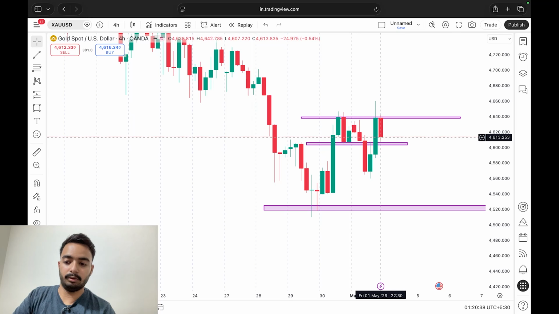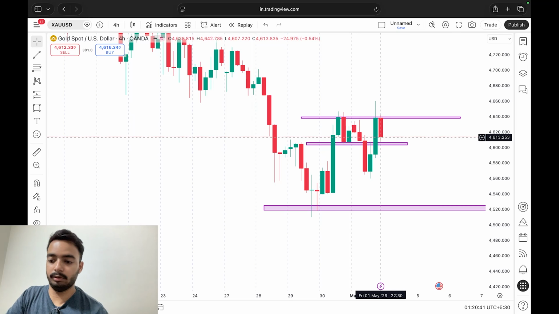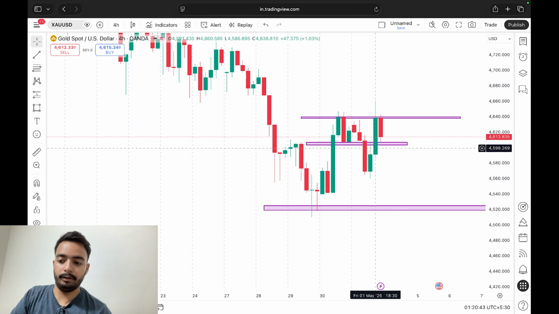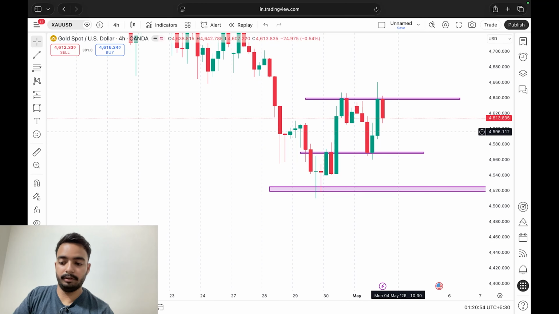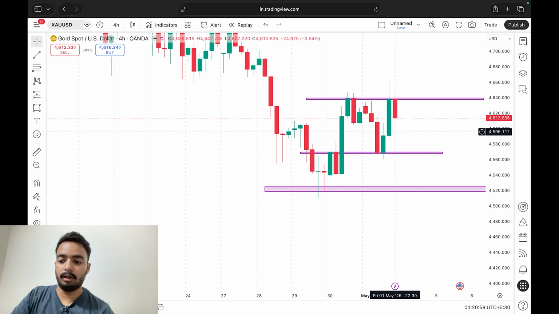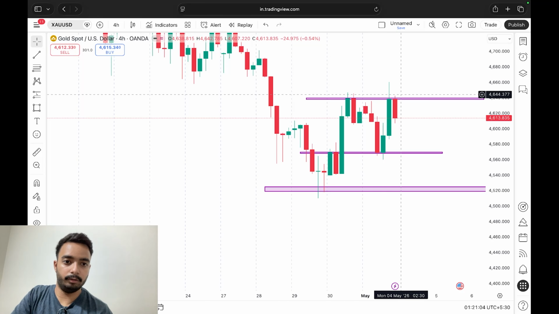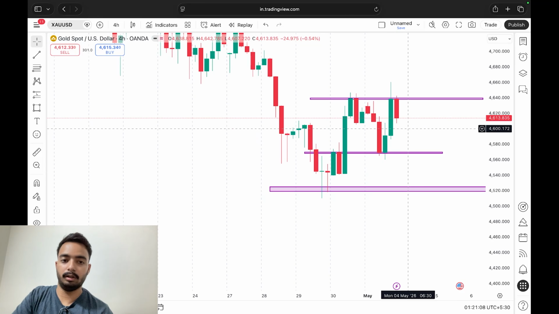If price shows rejection from this zone, I'll look for sell trades targeting lower support, which is this. And the other is the buy scenario. If price breaks and closes above resistance, I will wait for a retest of this zone and then look for buy confirmation.